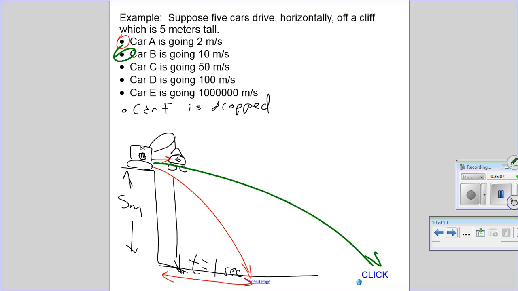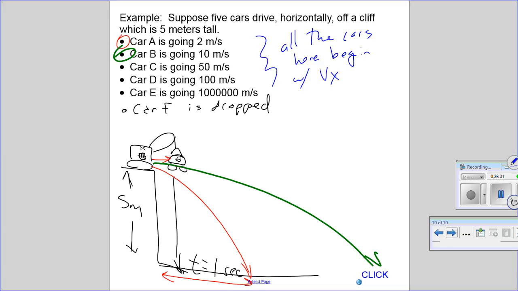All right? The idea is this. All the cars here begin with a Vx, right? They've all got a horizontal velocity. But look, this is a dumb question. You ready? I'm going to walk this way at 2 meters a second.